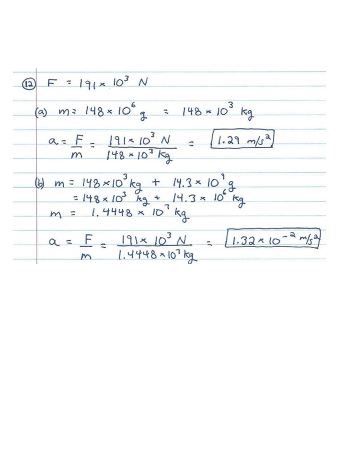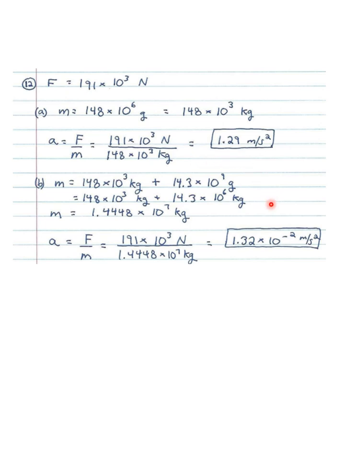Now we're going to add on a car that is much more massive than just the locomotive itself. It's measured in gigagrams. So the mass is going to be 148 times 10 to the third kilograms plus 14.3 gigagrams.